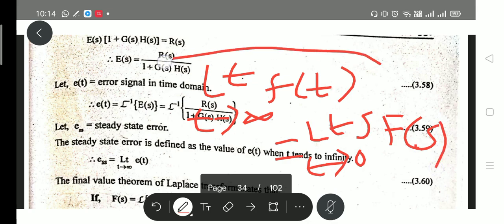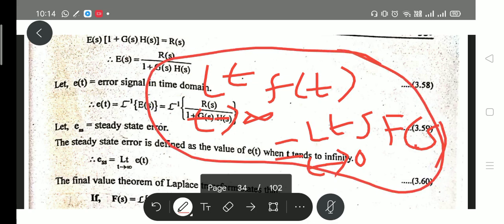And the initial value theorem is the opposite: limit t tends to 0 of f of t is equal to limit s tends to infinity of s into F of s.